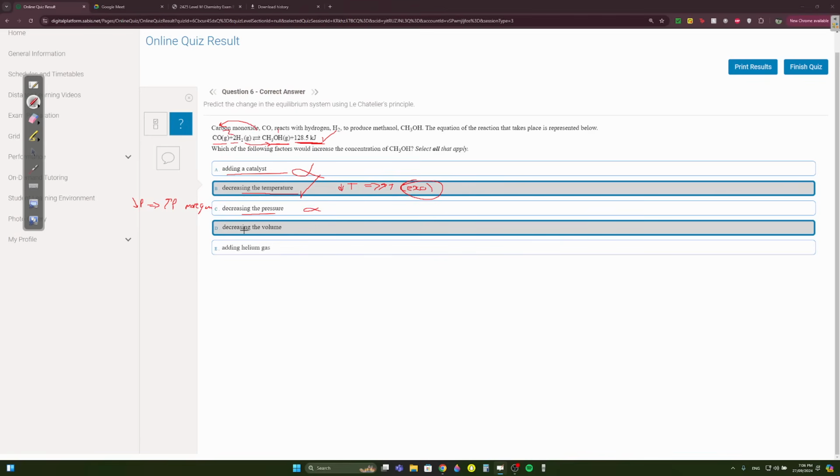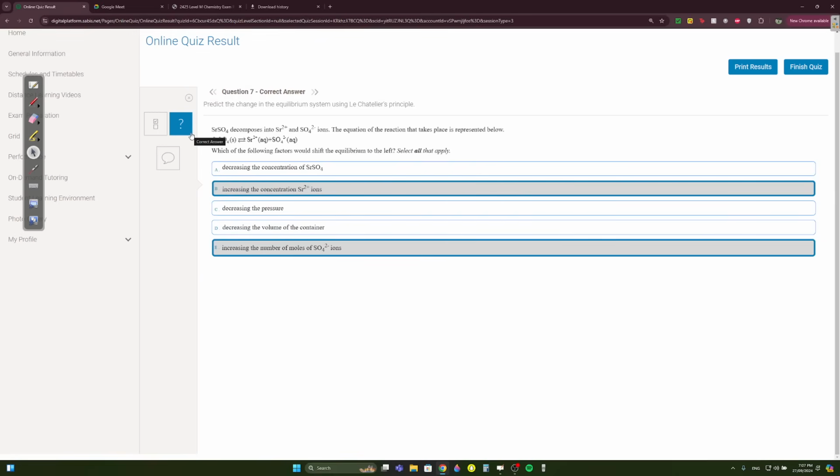So this one is wrong. A decrease in volume will cause an increase in pressure, which means the system has to decrease the pressure, so it goes to fewer gas moles. We know the side with fewer moles is the forward direction, so it's going to go forward. Adding helium: helium is an inert noble gas, so noble gases don't affect anything.